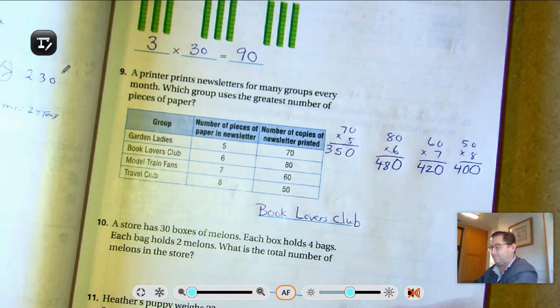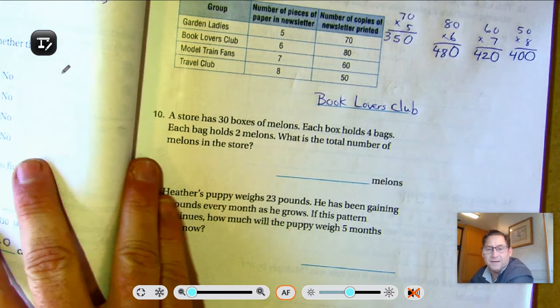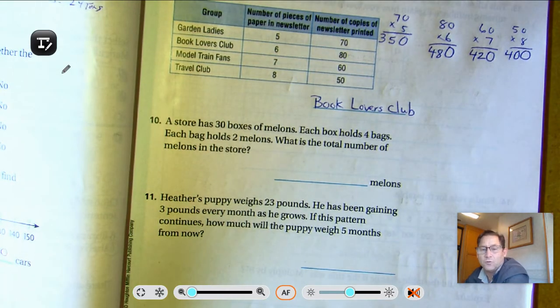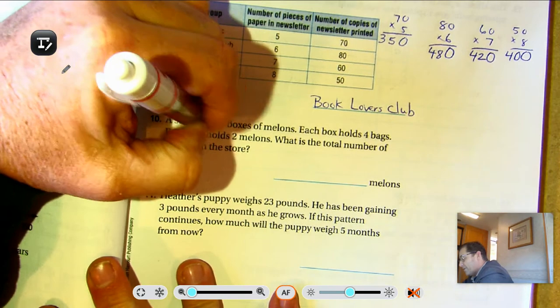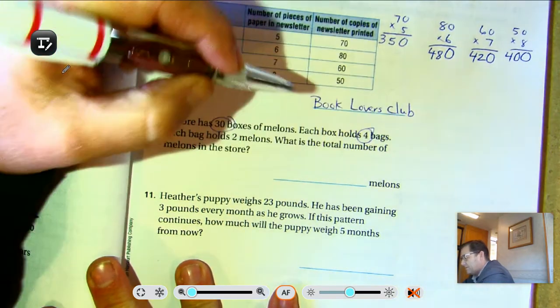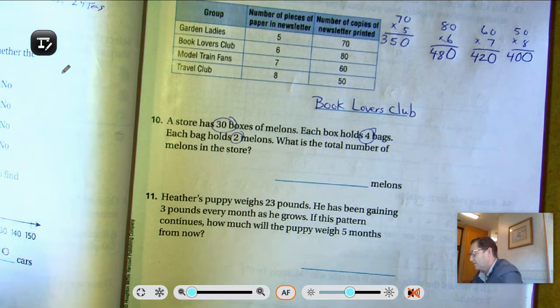Number 10. A store has 30 boxes of melons. Each box holds 4 bags, and each bag holds 2 melons. What is the total number of melons in the store? 30 boxes. Every box has 4 bags, and every bag has 2 melons.